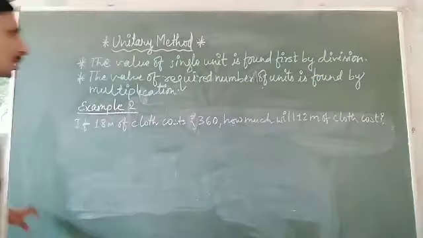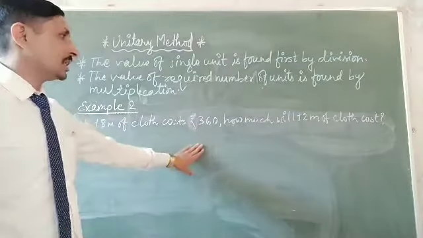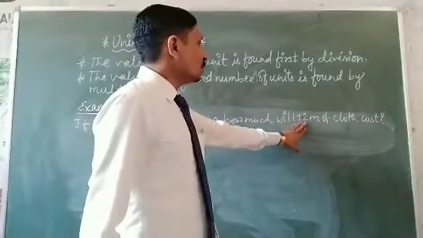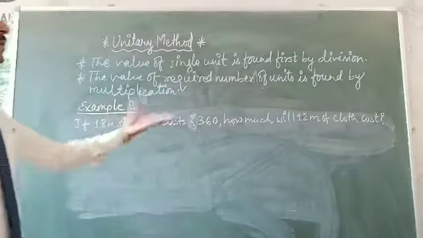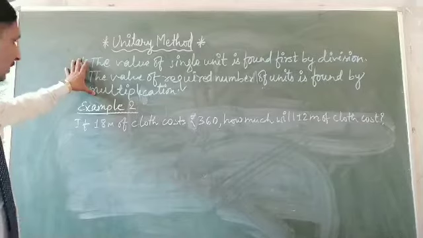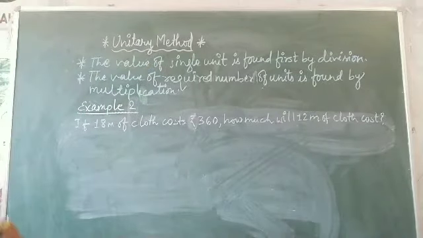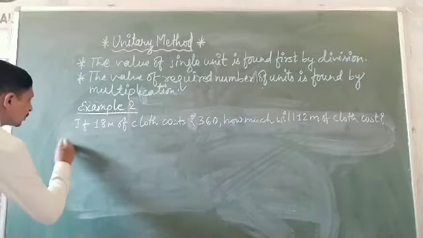So this is our question, that 18 meters of cloth costs rupees 360 and we have to find the cost of 12 meters of cloth. So the same process will be applied here. First of all we have to find the value of a single unit by using division.